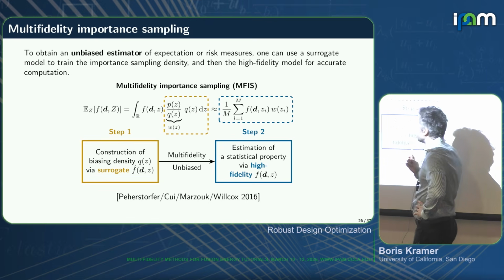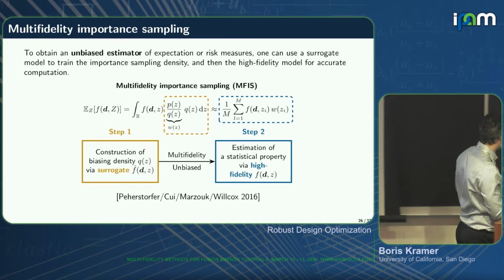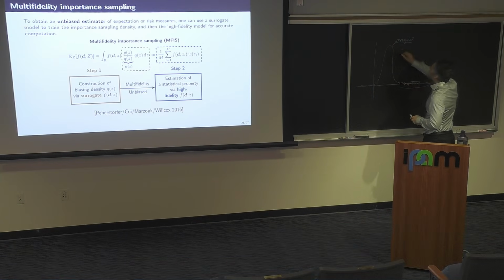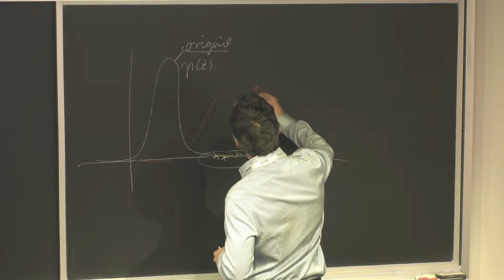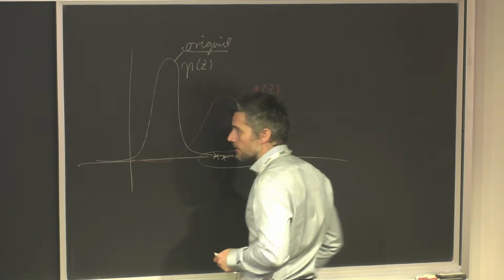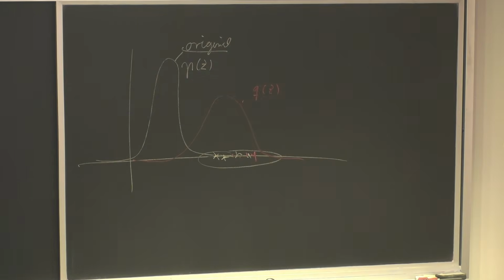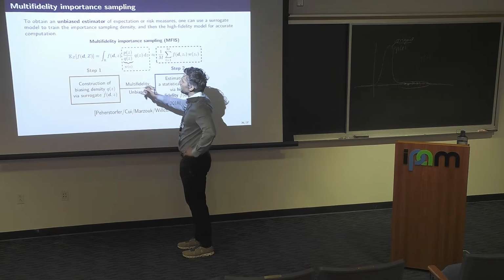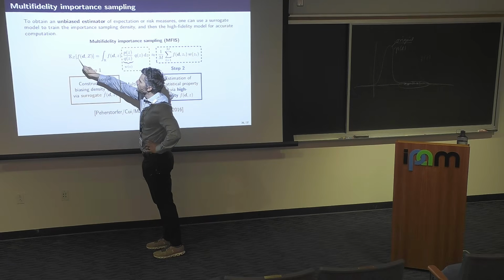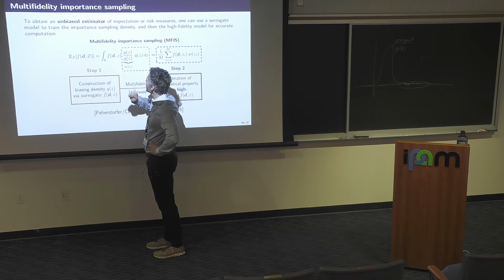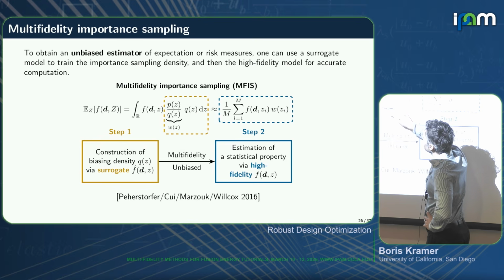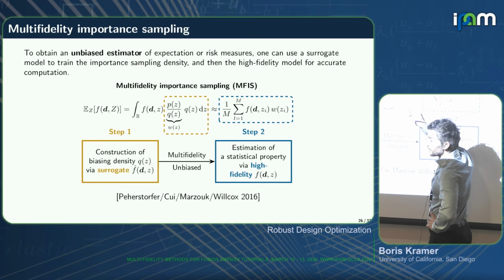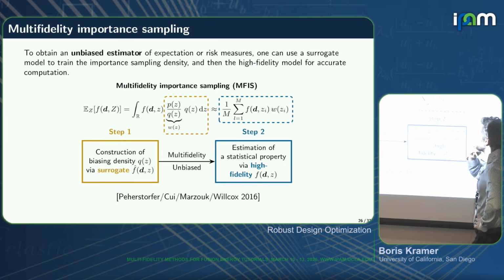The idea is, and we've just seen it over here, this would have been my original density P. And here in this notation, this would be Q. So now I have P over Q. If I want to compute the expectation of my quantity of interest, it's the same as basically inserting 1, so a Q over Q. We now call this quantity the weight, and we call this quantity the biasing density, or importance sampling density.